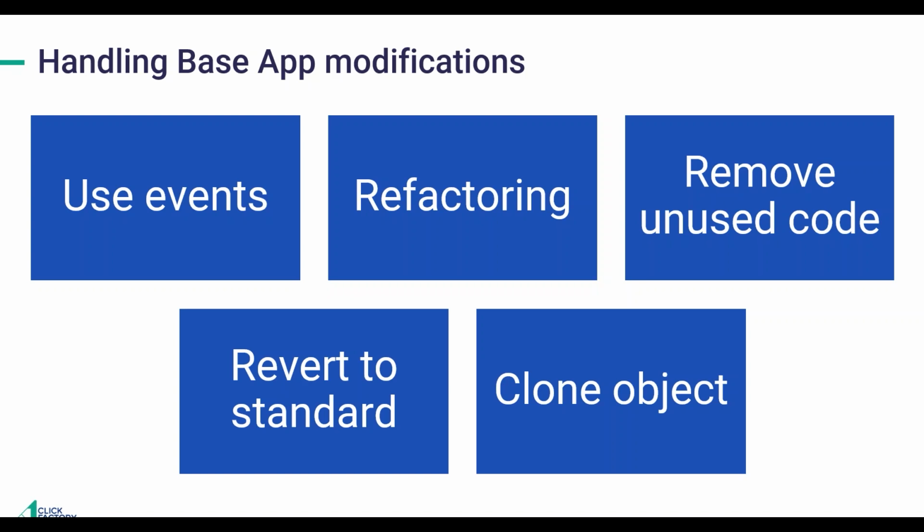This does not apply to the posting code units, because cloning those would make no sense. Those would just give additional overhead in the maintenance. But for reports, for XML ports, queries, that's quite an easy solution.